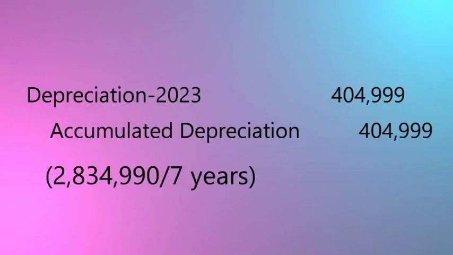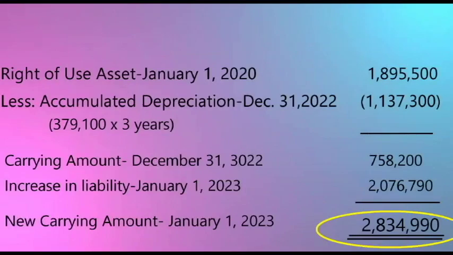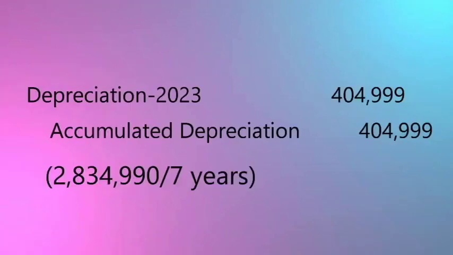Since nagkaroon ng remeasurement, mababago na rin yung pag-compute natin ng annual depreciation. So, sabi ko nga kanina, yung carrying amount is gagamitin natin para sa depreciation, which is 2,834,990. So, i-divide natin siya sa 7. So, bakit 7? Kasi nga, di ba, doon sa old contract, sinabi na 5 years.